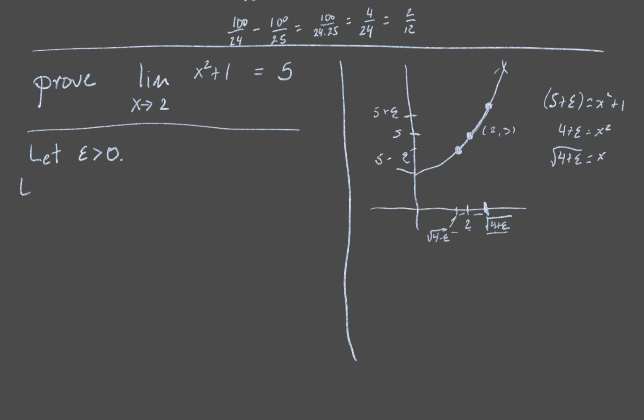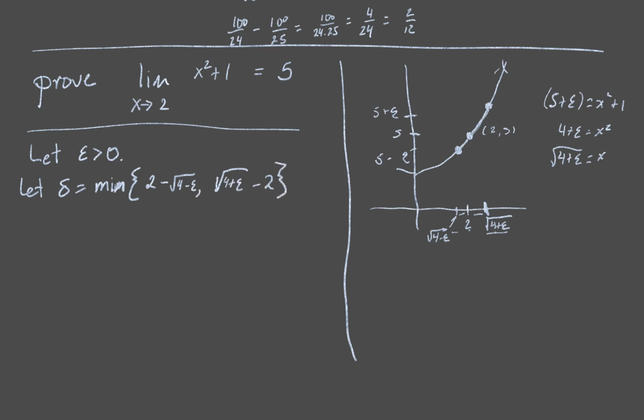So we're just going to say let delta equal the minimum of these two numbers. We want positive numbers in here, so we're going to take 2 minus the square root of 4 minus epsilon, and the square root of 4 plus epsilon minus 2.